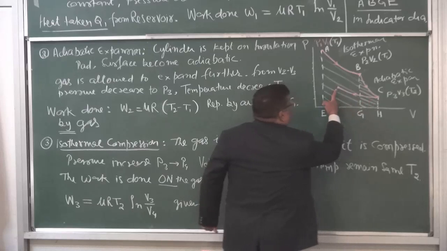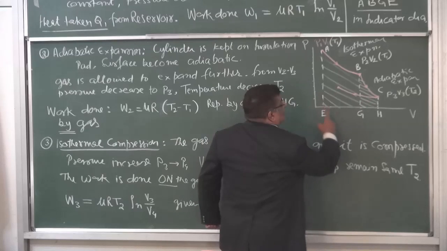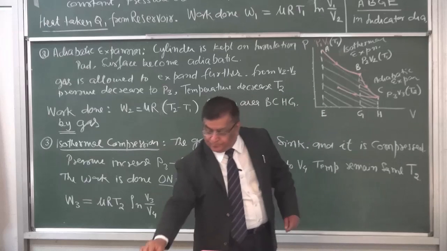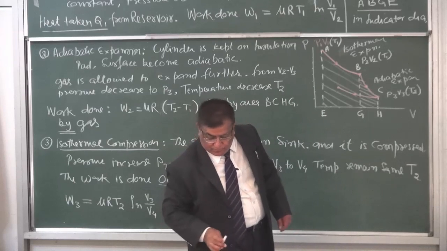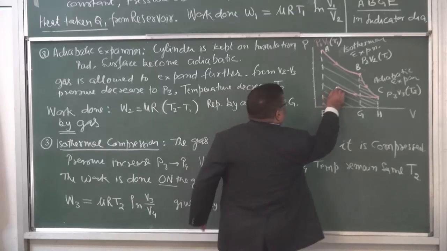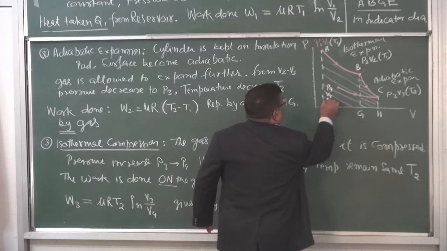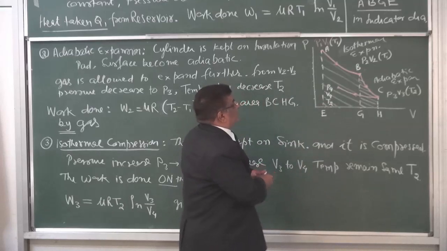And we have reached the new parameters: the pressure has increased to P4, here it is P4, volume is V4, and as it is an isothermal process, the temperature remains T2.